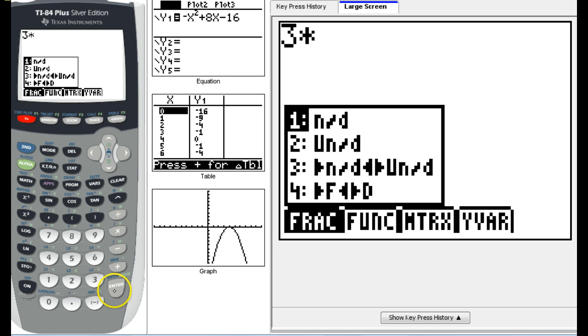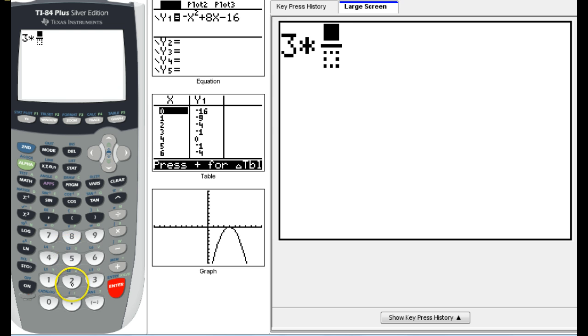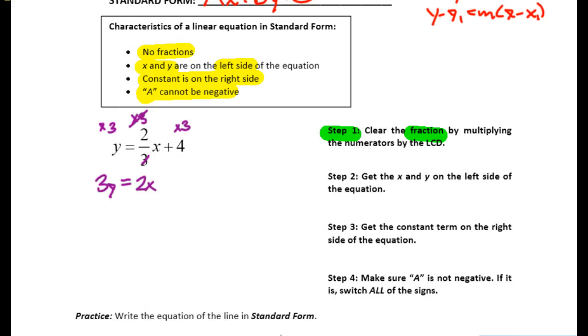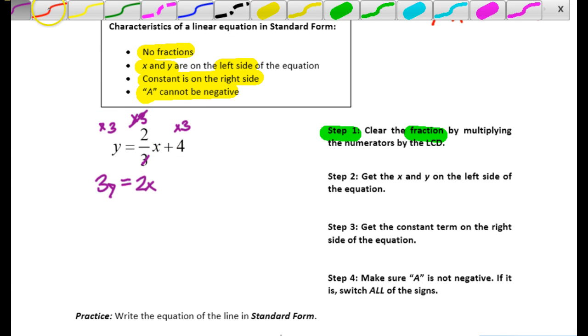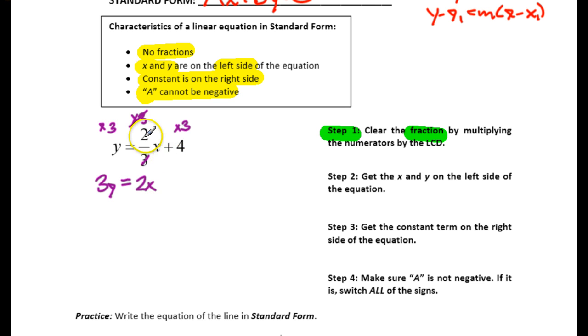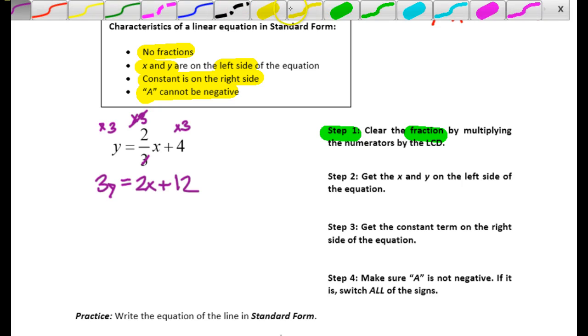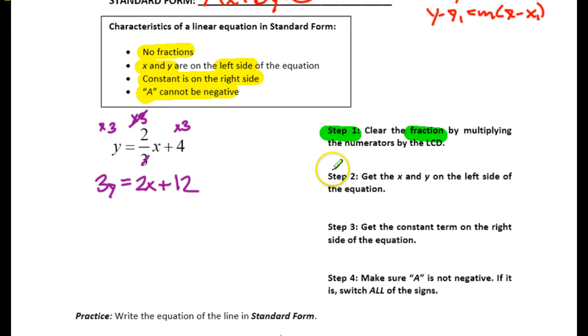Choose number 1, which is n over d, and then just type in the fraction, 2/3. You see it equals 2. So you can always use your calculator if the fractions confuse you. So 3 times 2/3 is 2, but it's got the x attached. And then it's plus 4 times 3, which is 12. Alright, so now it looks a little better. I've gotten rid of the fraction. That's always step 1. If you see the fraction, get rid of that first.